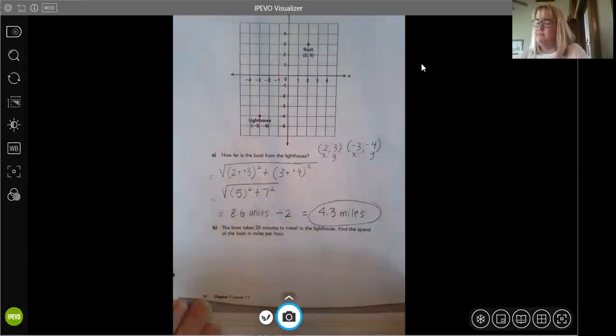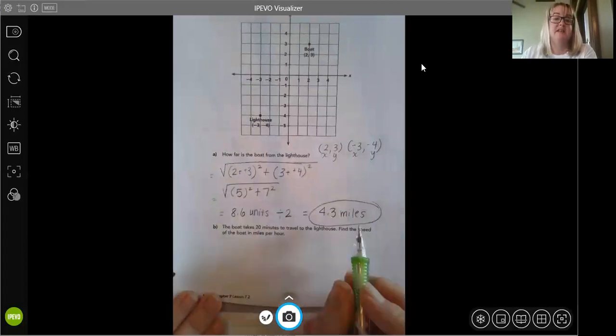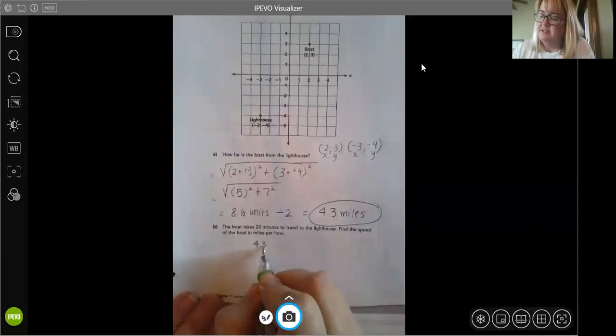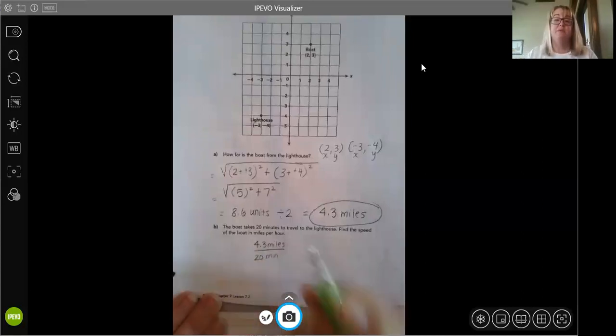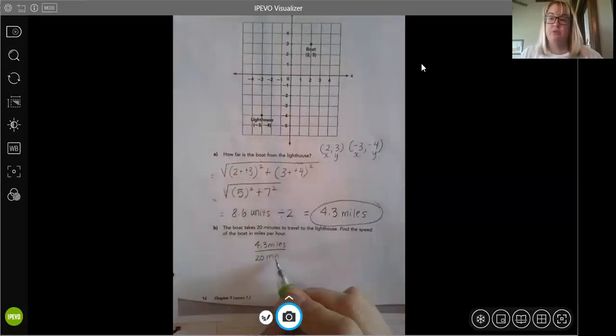The boat takes 20 minutes to travel to the lighthouse. Find the speed of the boat in miles per hour. So it is going 4.3 miles in 20 minutes. So that is our rate, 4.3 miles in 20 minutes. That's the rate of speed, but we want to find the speed in miles per hour. So I need to take 20 minutes and turn it to 1 hour.